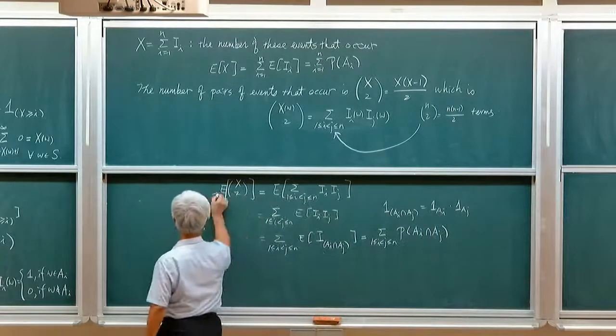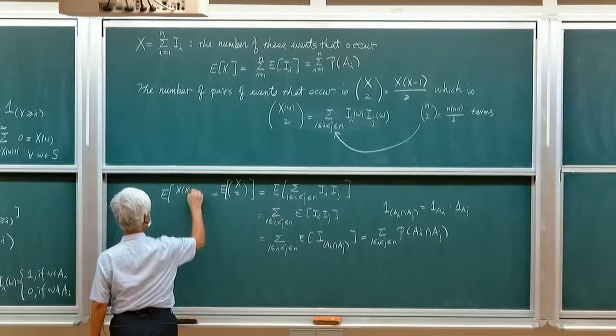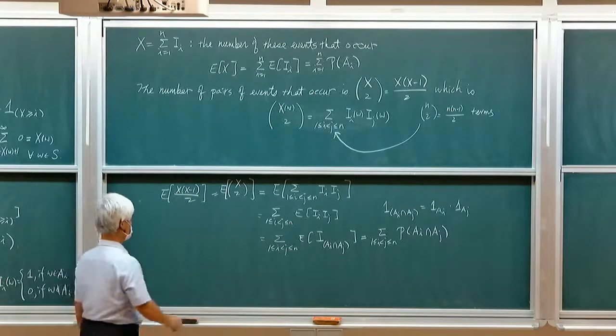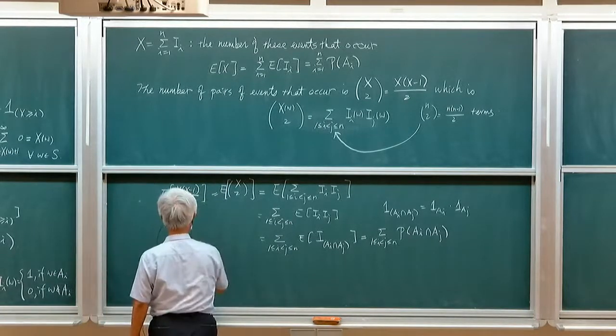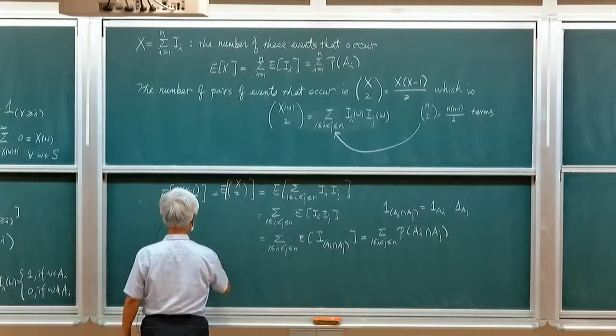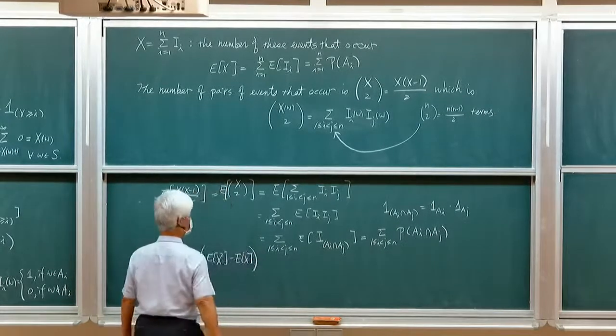And here, this is the expectation of X times (X minus 1) divided by 2. So this is 1/2 of the expectation of X squared minus the expectation of X.